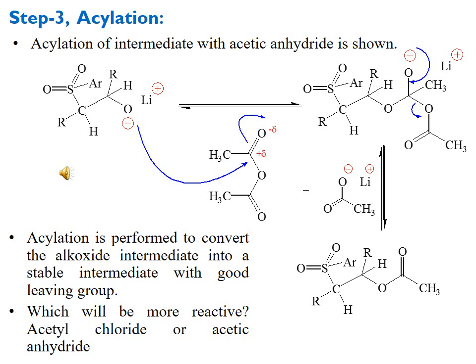Also, you can see that Cl minus is not a good base, but the acetate ion is a good base. So all these things make the use of acetic anhydride prominent for its lower cost and lower toxicity.